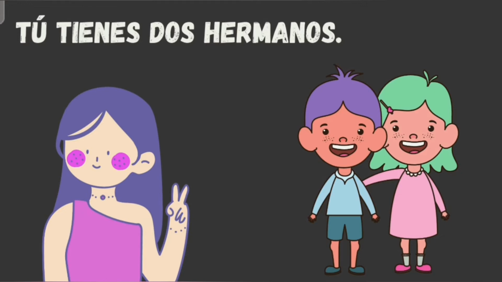Okay, here we're talking about a boy and a girl, so we can say hermanos. Okay, but if we were talking about only 2 girls, okay, we have to say hermanas. Tú tienes 2 hermanas. Okay, but here we're talking about a boy and a girl, so we're going to say tú tienes 2 hermanos. You have 2 siblings.